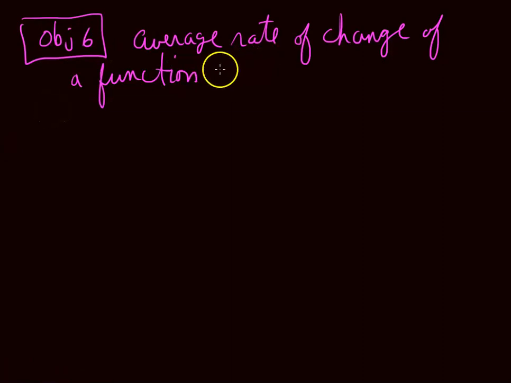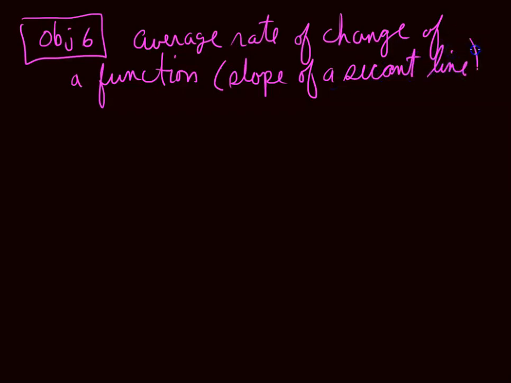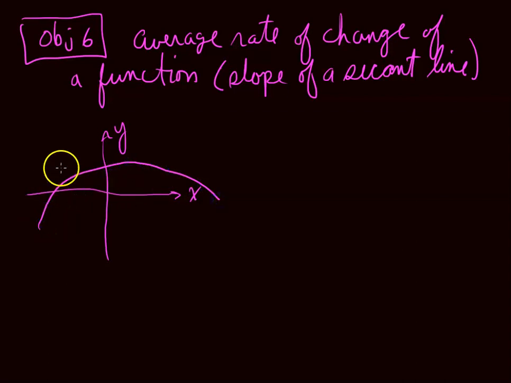This is the same as the slope of the secant line. You remember secant line in geometry? Okay, let's draw a graph here. If we can do it without too many curved lines here. Suppose we have a graph that looks something like this.